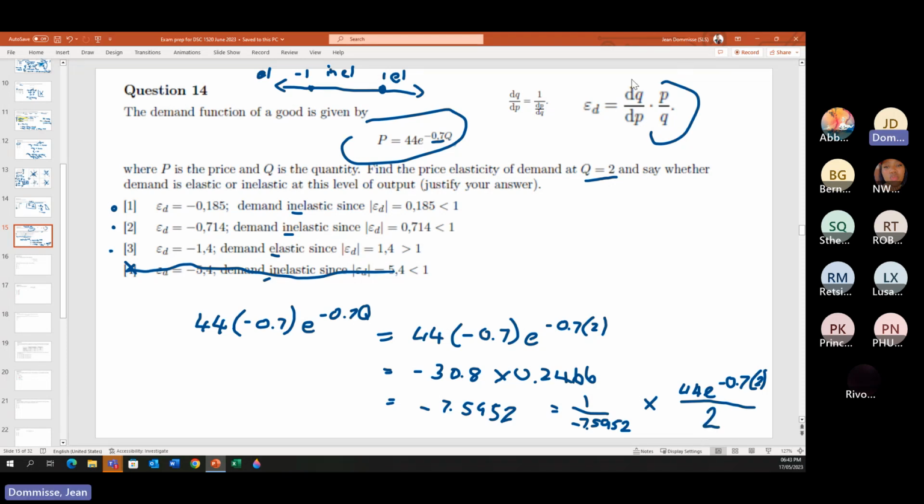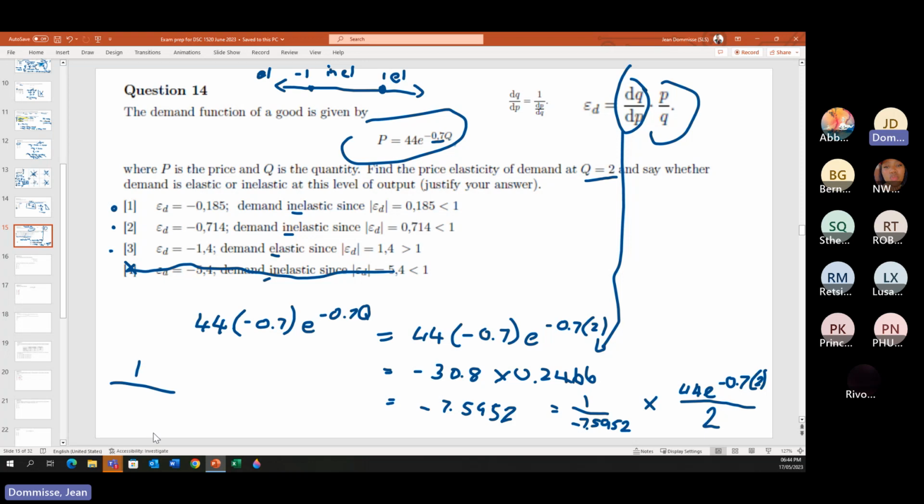And so that part was done here. Now I still need to do that part. So in the exam, sure, I would have probably guessed 3. I would have probably been wrong.